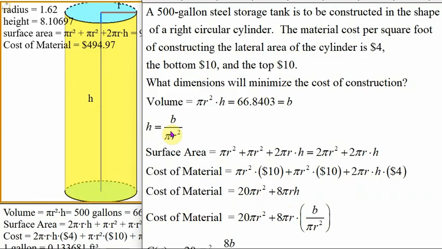Here the height of the cylinder is B, this number here, dividing by pi r squared. So in place of h, we have B dividing by pi r squared.